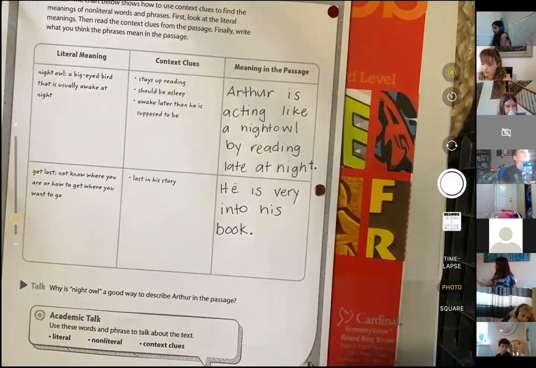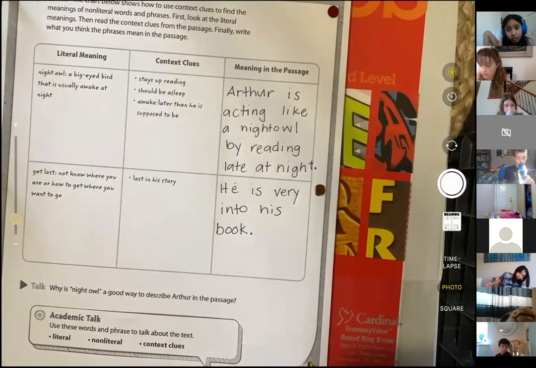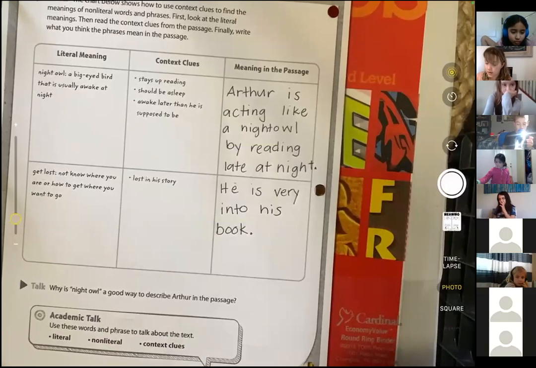So, okay, here's what I'm going to do. For my friends who are new here in my class, there's a couple of reasons I do this. One, I like to make sure that everybody gets a chance to read.